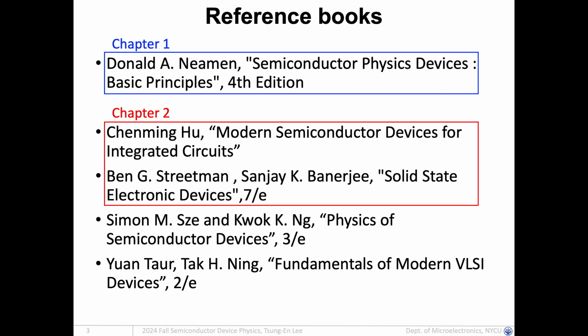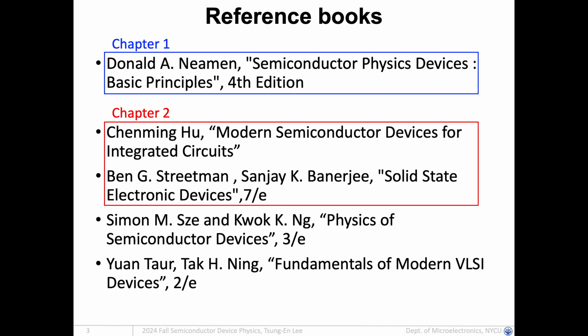Here are the reference books that I will use in this course. I divide my course into chapters 1 and 2. In chapter 1, I will mainly focus on semiconductor physics, and that will be explained based on Neamen's textbook more. In chapter 2, I will focus more on the device physics.